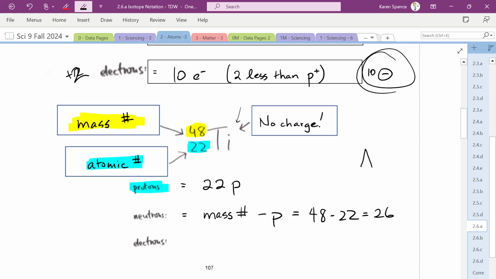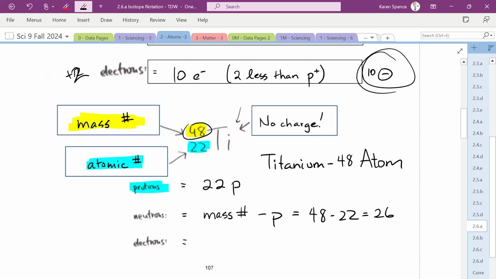This is an atom. And it is a titanium atom. In fact, it is titanium what? Titanium dash 48, right? The mass number comes after the dash.